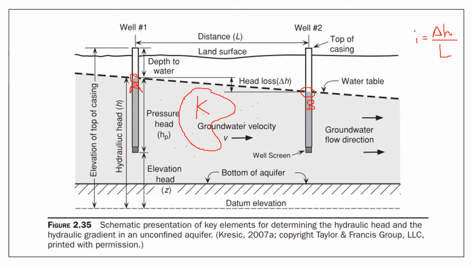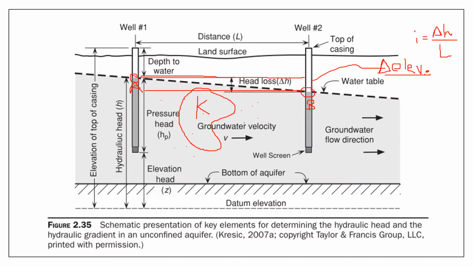All we need to do is determine the hydraulic head loss, which can be approximated by getting the difference in the elevation. So that is your delta H. The difference in elevation is your delta H, although this is not always the case, and we will be discussing that limitation later.